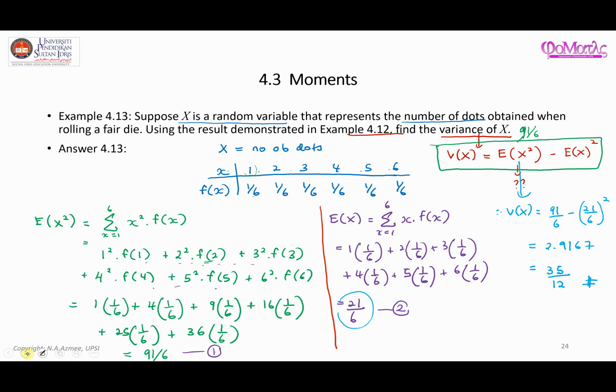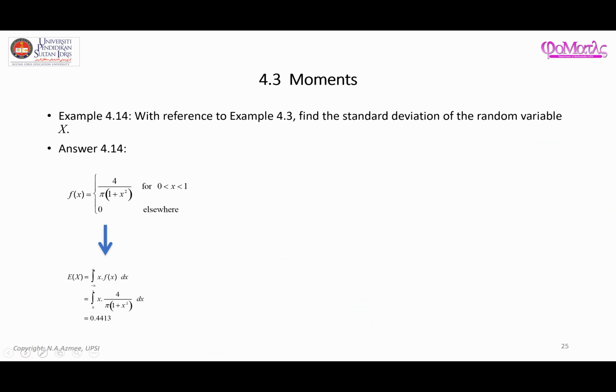Next, we're going to move on to the next example with regards to a continuous random variable. And here, this specific example is related to example 4.3. So in example 4.3, we have done this part. We have this PDF, our PDF here for a continuous random variable x.